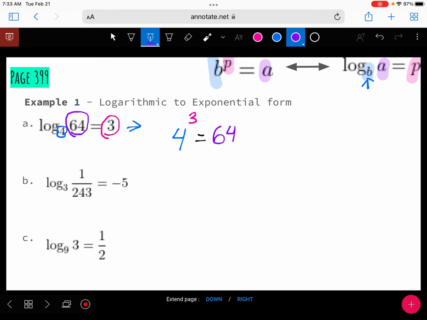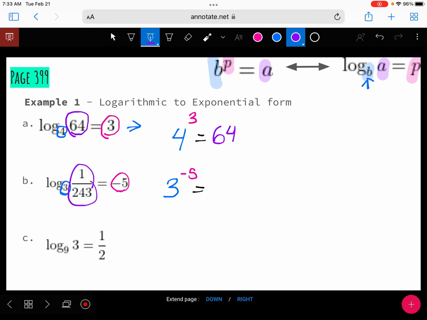So we're going to do the same thing. I've got my base of 3. I'm going to go over here and grab the power, which is over here, -5. Equals, oh, I didn't circle it over here.